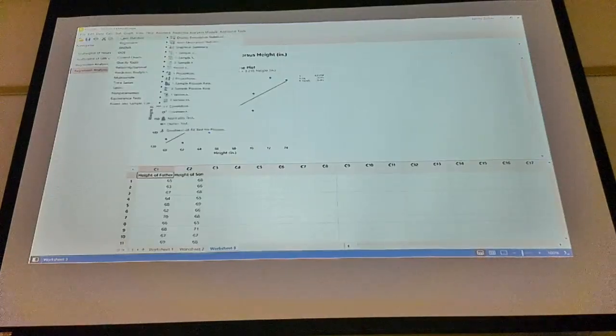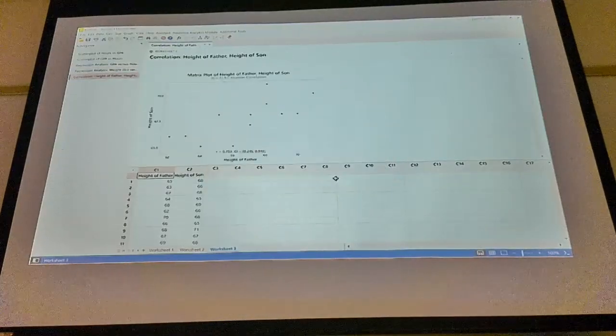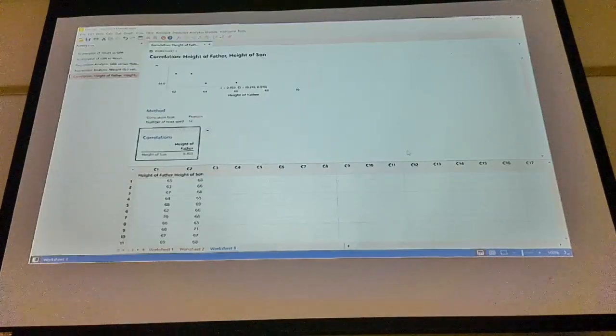Oh no, never mind. Basic statistics, correlation. Right down there. 0.703. So you don't have to worry about that nasty formula if you use Minitab. So Minitab is better than Excel in that case, because Excel doesn't have an option to find the correlation, I checked. I'm sure it does, you have to do an add-on.